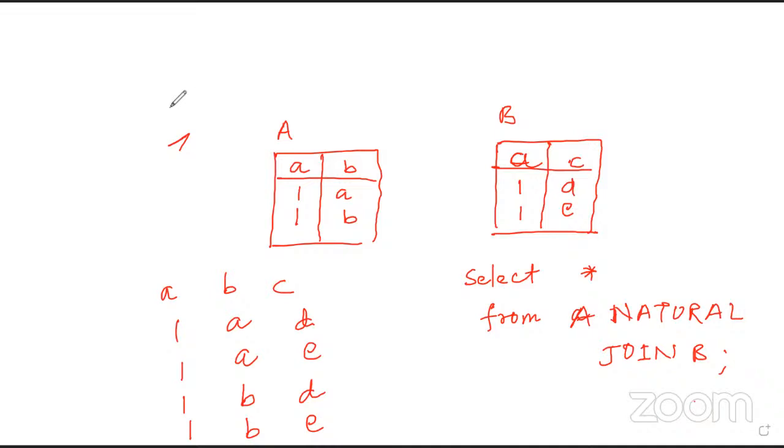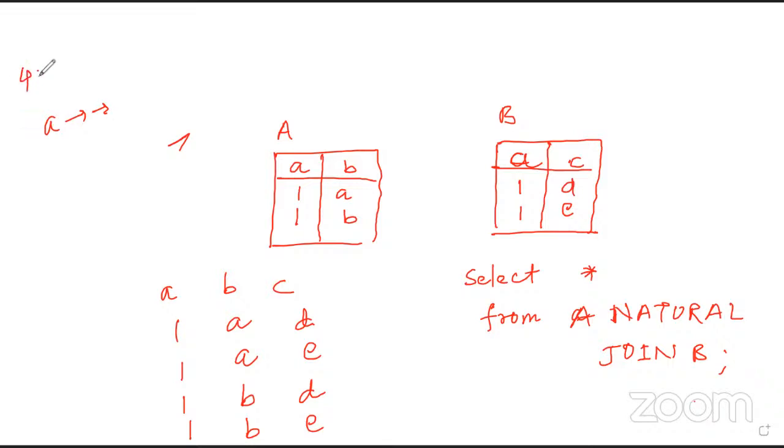When it is in 3NF and it contains a multi-value dependency, then that data is not in 4NF, so we decompose the table that has the multi-value dependency.